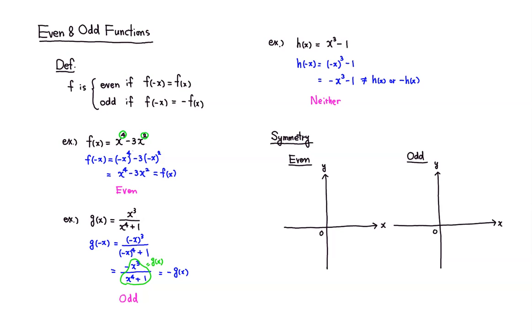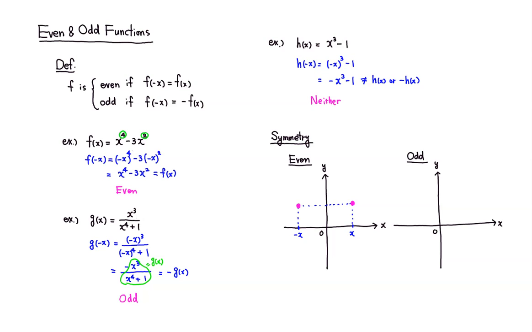For example, if you take some x value and the graph goes through somewhere around there, then if you plug in negative x, you get exactly the same value. The dot is going to be placed at the same height. You can see another dot, and this is true for all x.